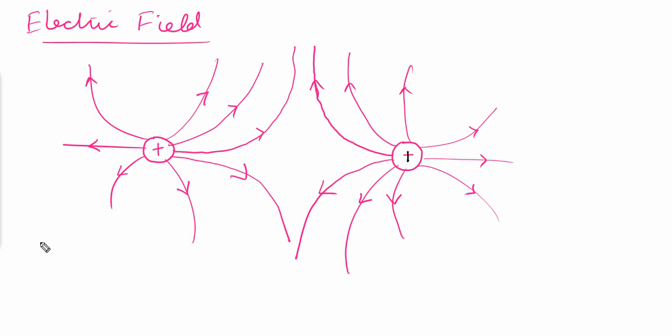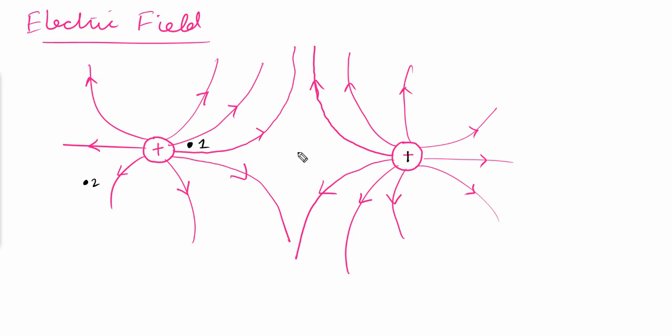Okay, now let me place the charge on some different points. When I put the test charge over here, it will experience maximum force of repulsion. If I put my test charge over here, it will also experience a force of repulsion, but the force of repulsion will be lesser than at position 1.